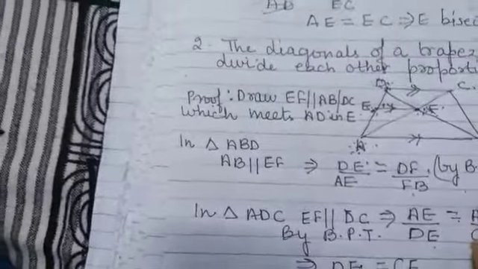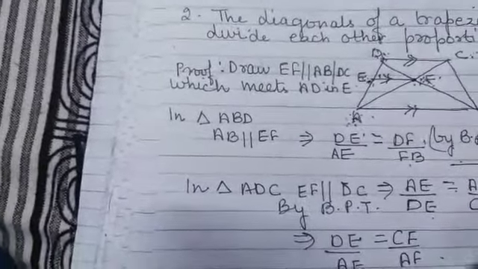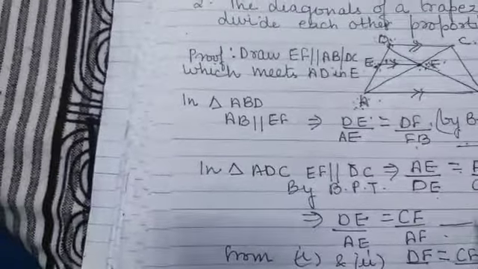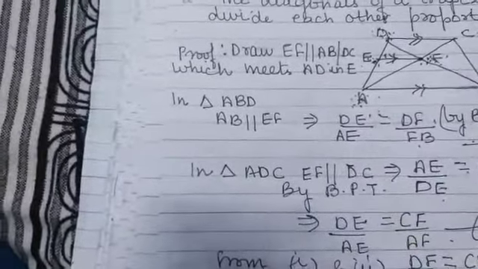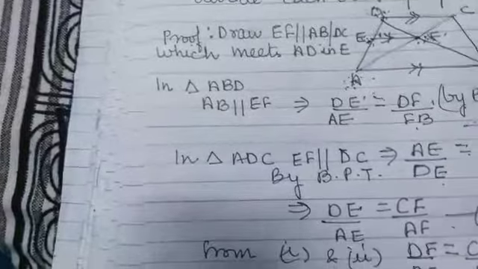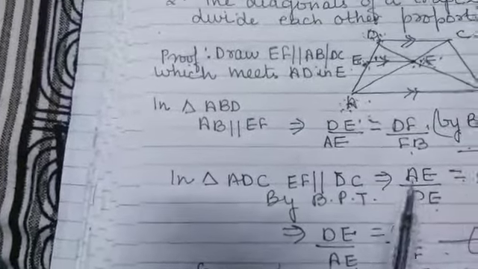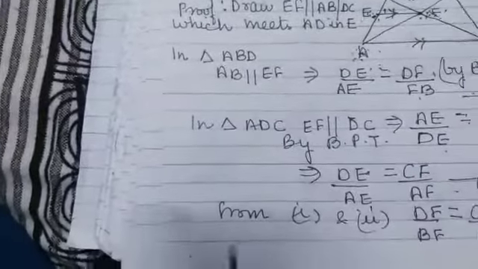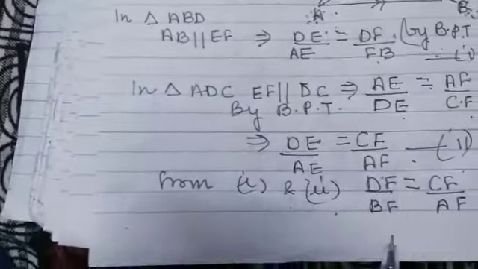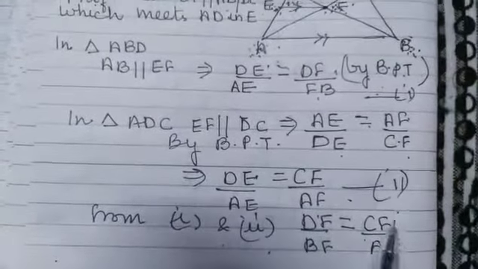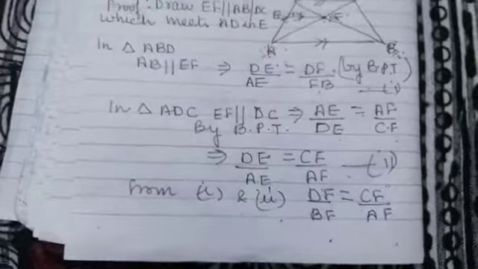Now from this 1 and 2, from both 1 and 2 we get DF upon BF is equal to CF upon AF.